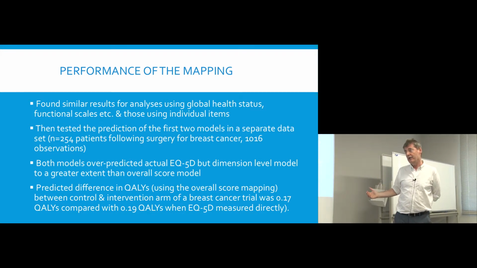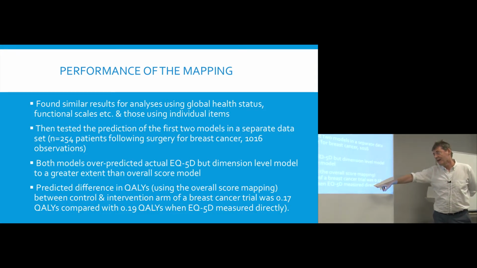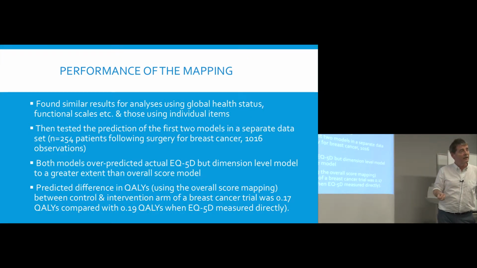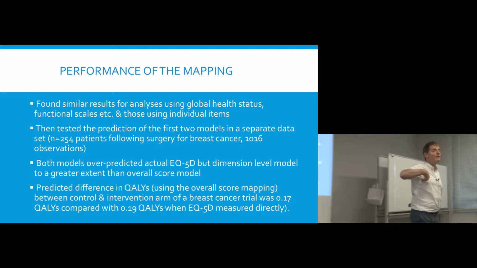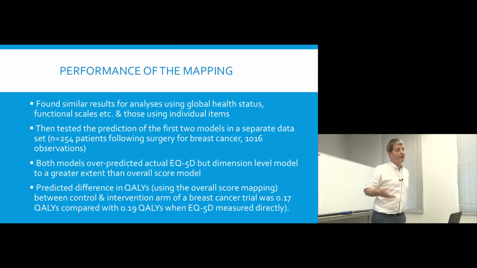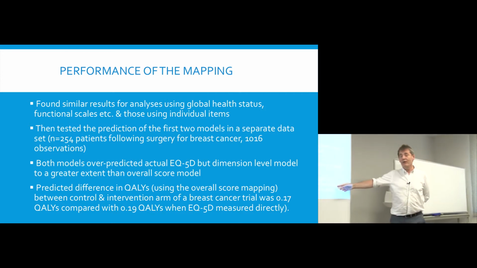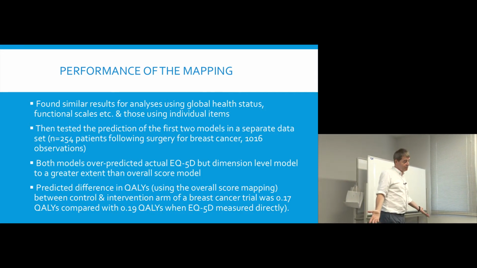So on average, across patients, between the control arm and the intervention arm, the change in QALYs was 0.19 when they used the EQ5D, but when they predicted what the EQ5D would have been on the basis of the QLQ-C30 data, they got an answer of 0.17. And so that's pretty close.